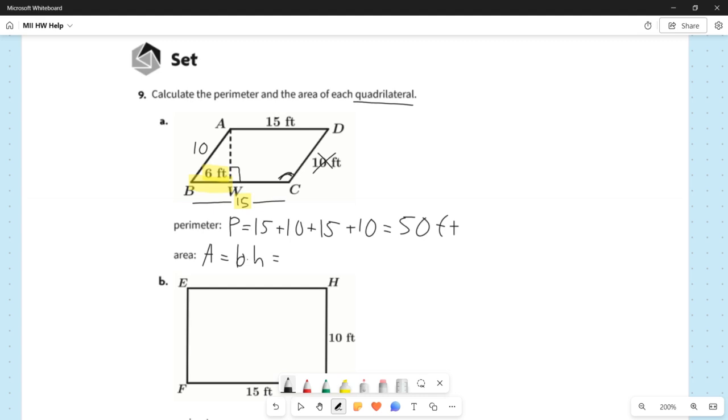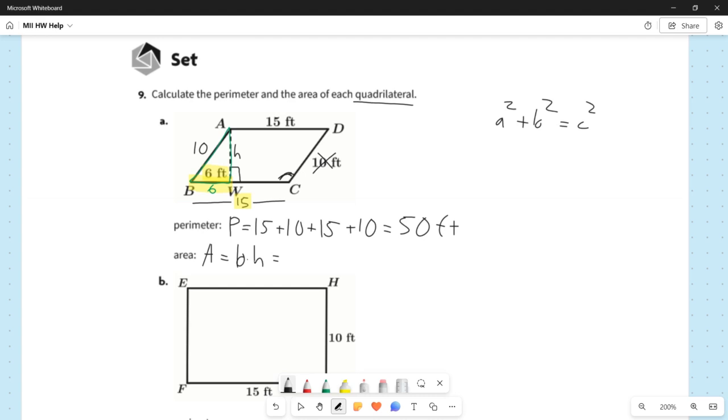Now, notice that we have, I'll do it in green, a right triangle that has one leg is 6, the other leg is 10. I don't know my height. That's not hypotenuse, that's height. And I can use the Pythagorean theorem. The Pythagorean theorem says that the sum of the squares of the legs of a right triangle is equal to the square of the hypotenuse.